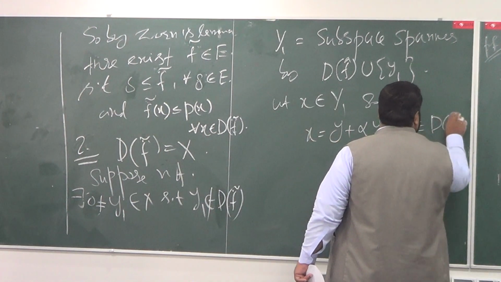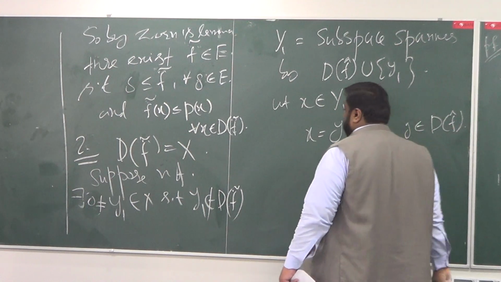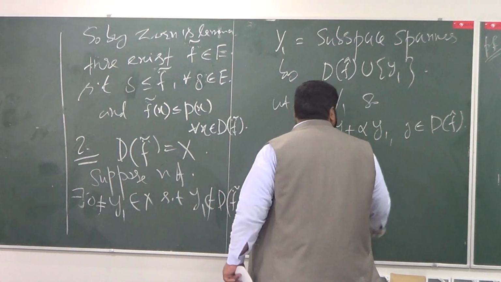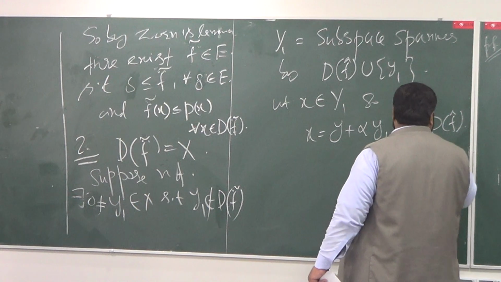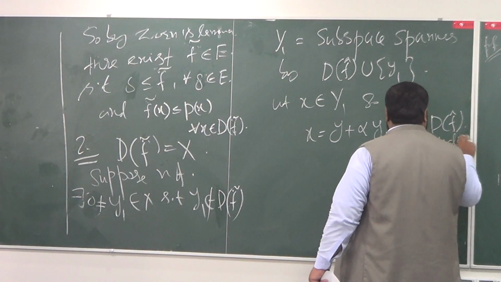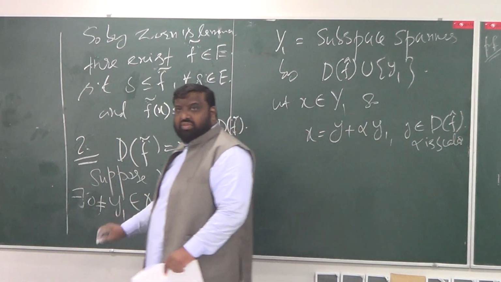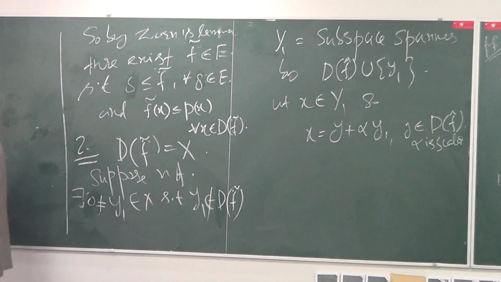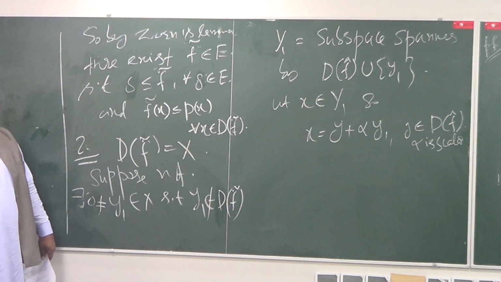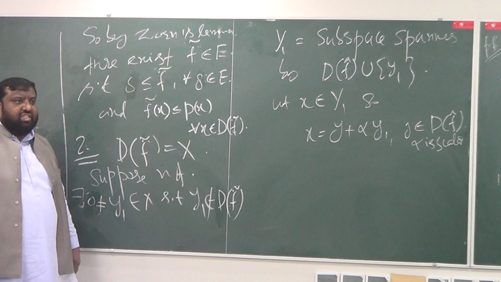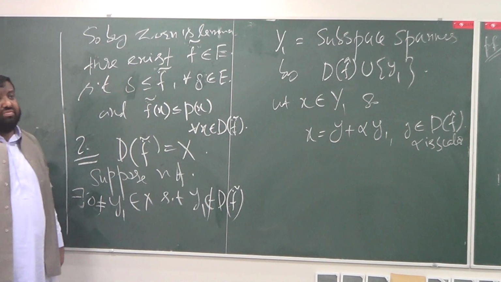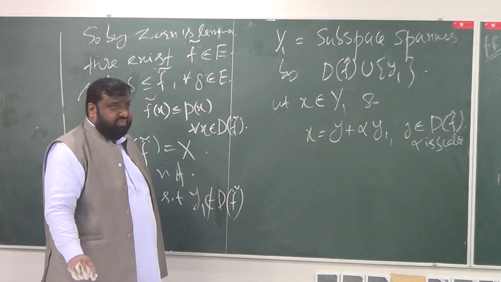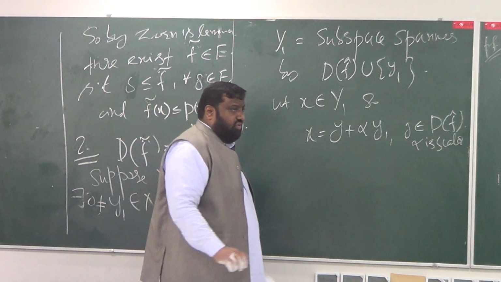Y is from the domain of f tilde and alpha is a scalar. Agree? And my claim is that this representation is also going to be unique.